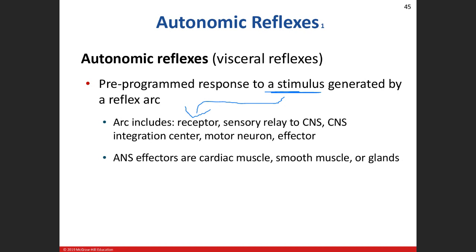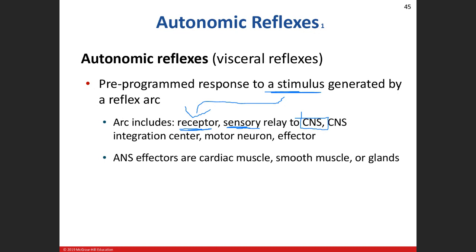Once that receptor picks up on that stimulus, it's going to send sensory input to our control center, which is the central nervous system, spinal cord, or brain. If it goes to the spinal cord, it's a spinal reflex. If it goes to the brain, it's a cranial reflex. So it goes to our control center.